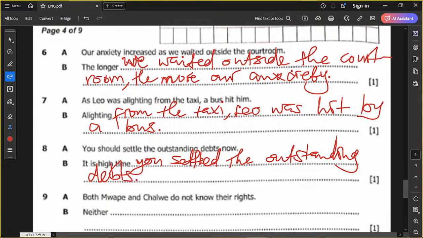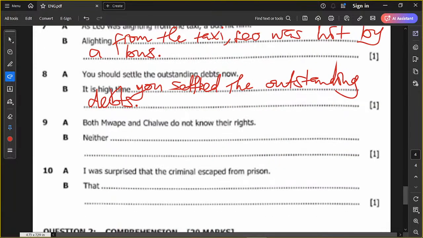Okay, outstanding debts. Okay, we come to question 9. Remember, transformation ends up to question 10, so we are on question 9.